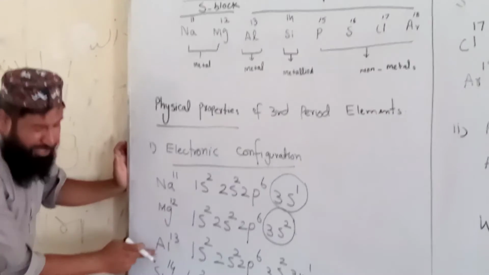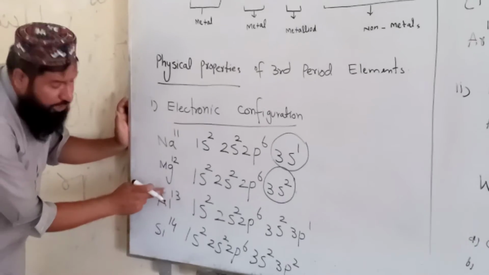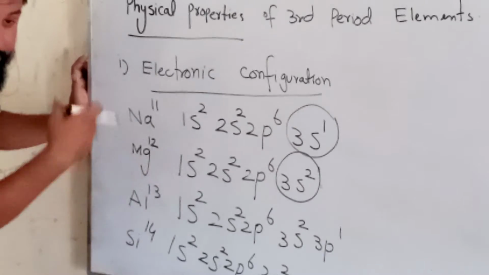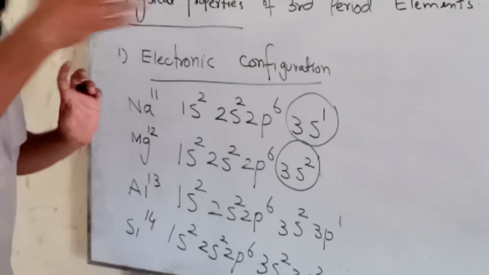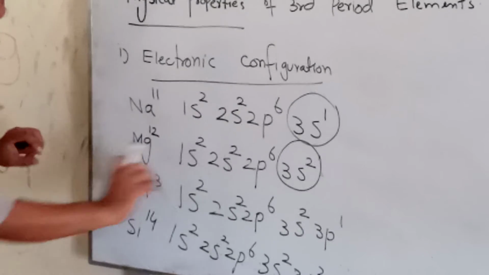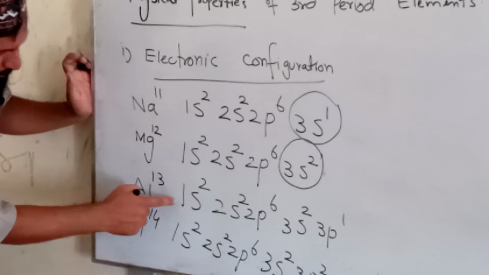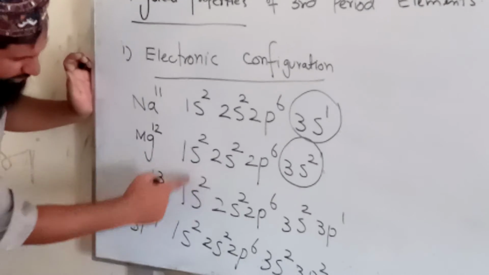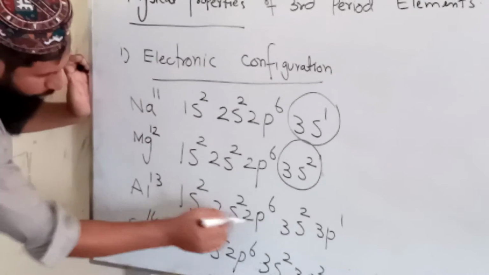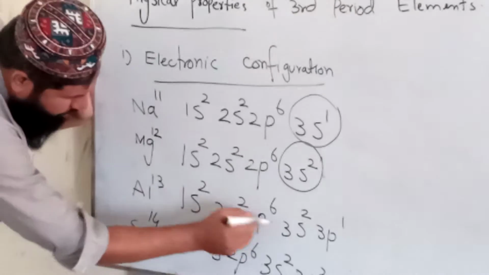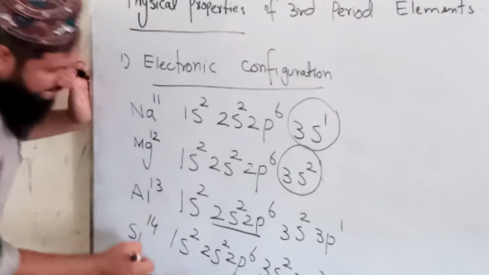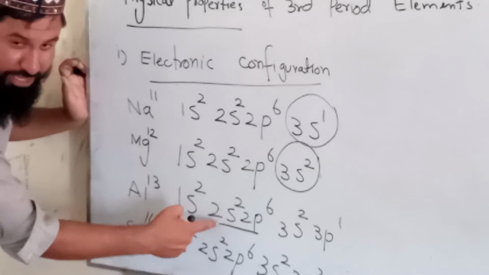And look at the aluminium. The atomic number is 13. We have to arrange these 13 electrons in subshells and shells. In the first shell there are 2 electrons, in the second shell 2s2, 2p6, so the second shell has 8 electrons.